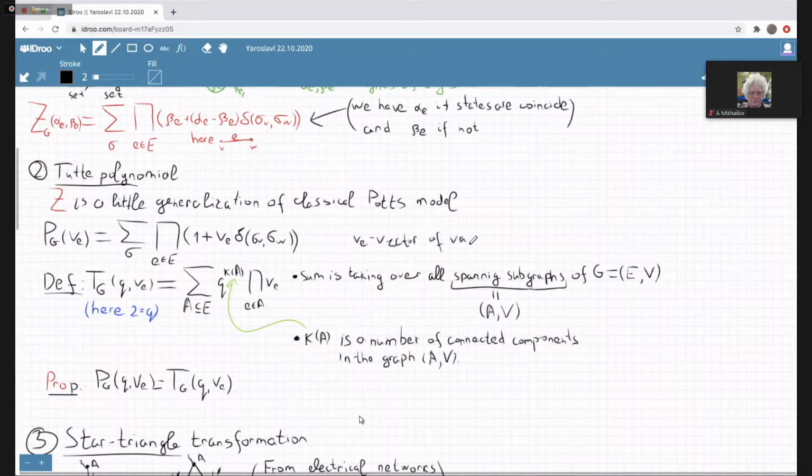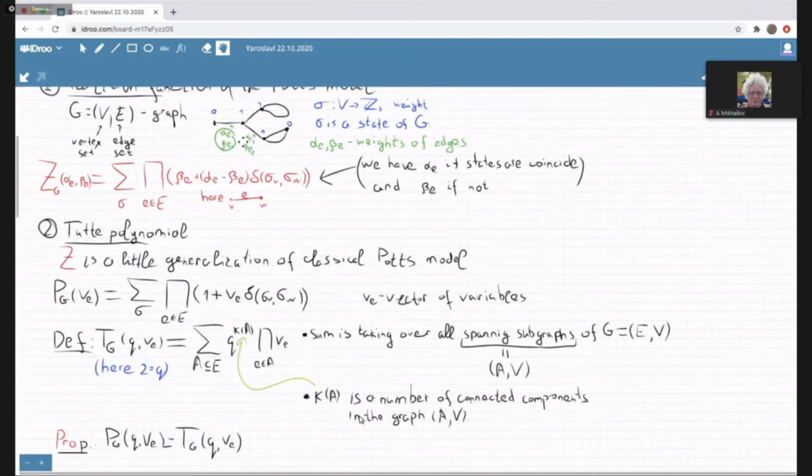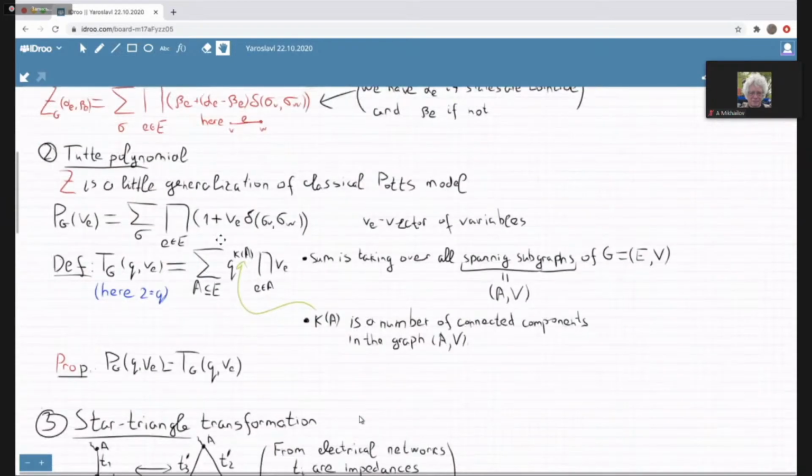So it's a so-called multi-parameter Tutte polynomial. And also here, v_e means a vector of variables. Sorry, I should have mentioned it. So I've mentioned here, you see alpha_e1, beta_e1, alpha_e2, beta_e2. And again, it depends on the edge.